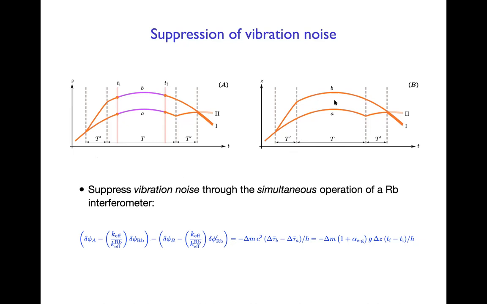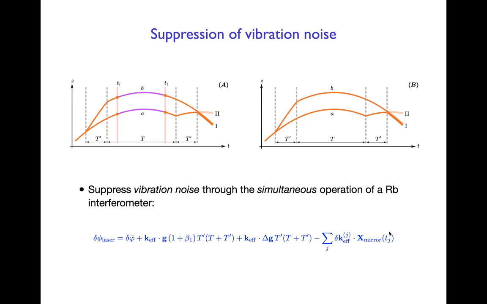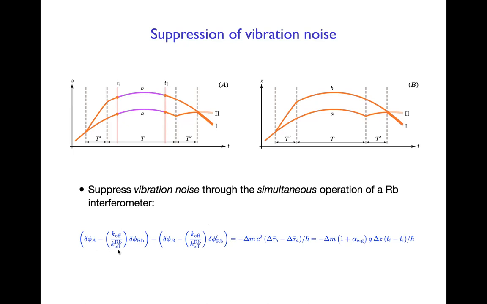Then you can see what the contribution from the rubidium atoms is, and it takes basically the same form as here, but with the effective momentum associated with the frequency of the laser beams used to diffract the rubidium atoms, which in general will be different from ytterbium. So you can consider the difference between the phase shift measured for a given shot for the two atoms, with a suitable rescaling due to the difference in frequencies of the laser beams.